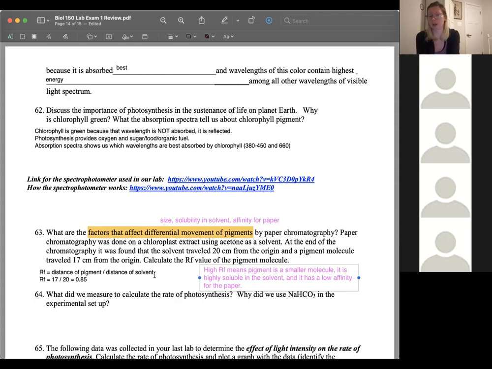And if you use a different type of paper, I don't know a lot about paper chemistry, but it's possible that the molecule would just stick right where you put it in that origin spot and it wouldn't travel. So a high affinity for the paper would be bad for this migration of the pigments.